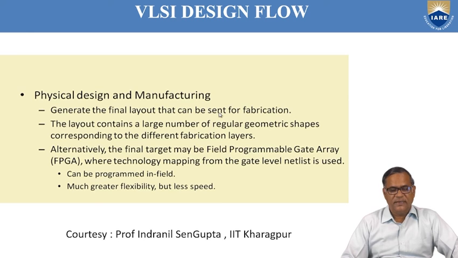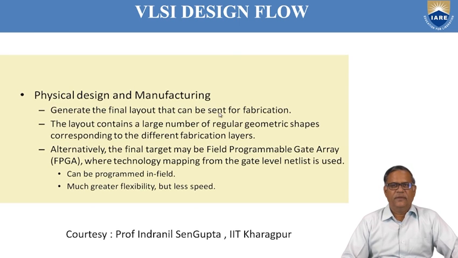Now comes the physical design and manufacturing. Here we generate the final layout that can be sent for fabrication. The final layout is given to the fabrication house for chip manufacturing. This layout contains a large number of regular geometric shapes corresponding to different fabrication layers.